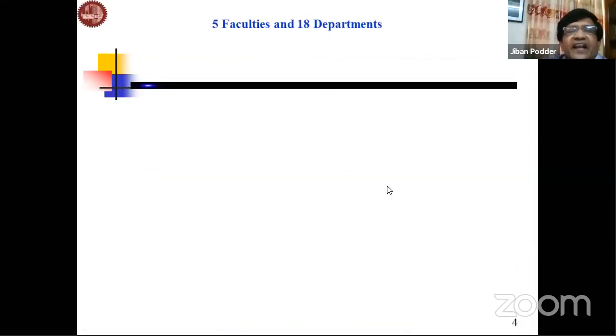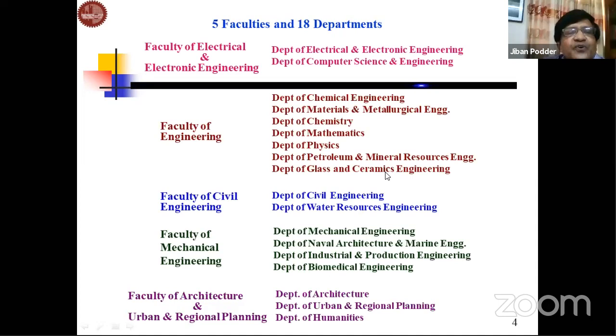We have 5 faculties and 18 departments: the Faculty of Electrical and Electronic Engineering, Faculty of Engineering, Faculty of Civil Engineering, Faculty of Mechanical Engineering, and Architecture and Regional Planning.